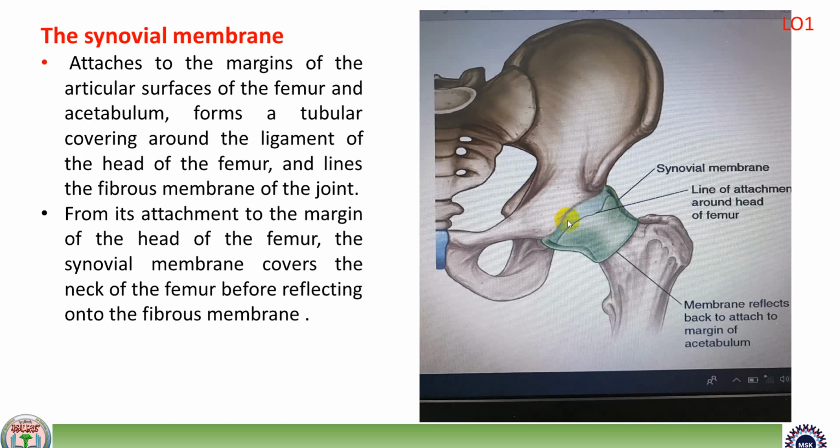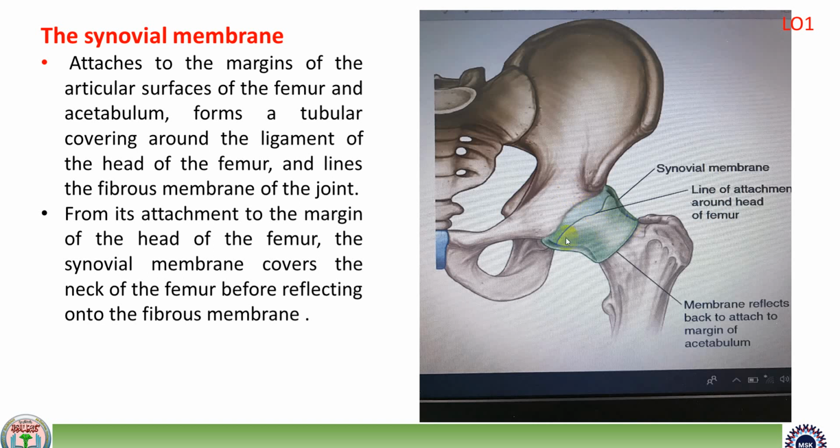It usually lines the under surface of the joint capsule, and from its attachment to the margin of the head it covers the neck of the femur and then it reflects onto the fibrous membrane or the joint capsule.